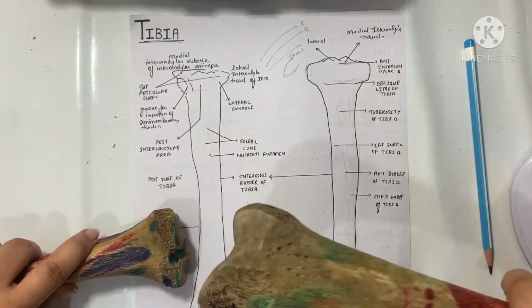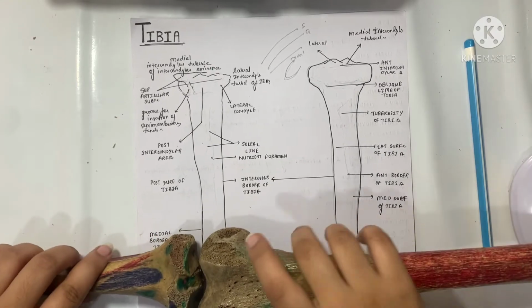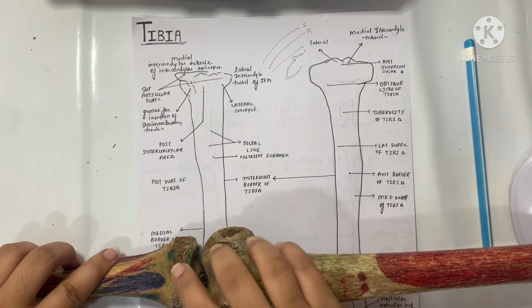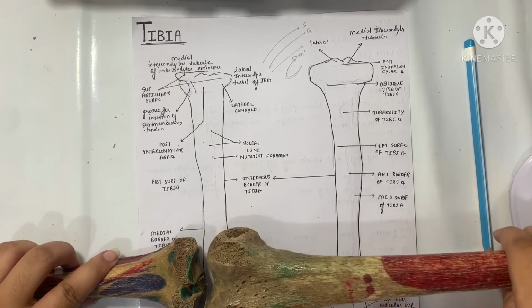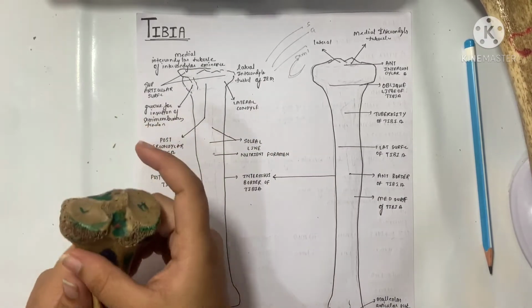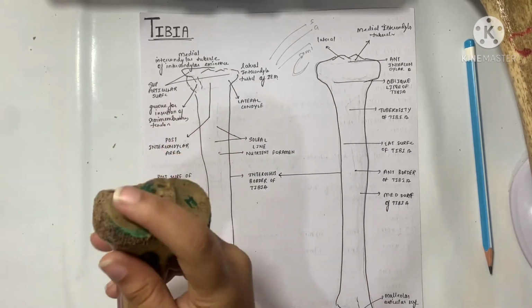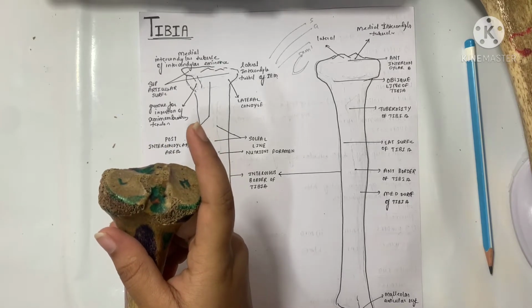This is how it articulates with the femur: medial condyle of the femur with the medial condyle of the tibia, lateral condyle with the lateral condyle. This is the lateral condyle. It is smaller as compared to the medial condyle.